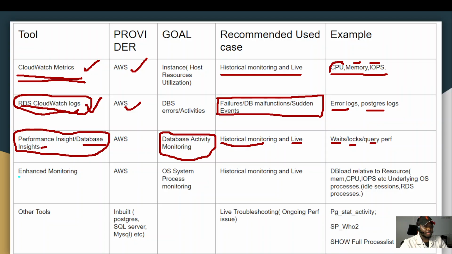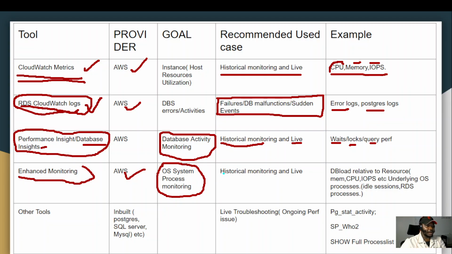Then we have enhanced monitoring, right? Enhanced monitoring is also provided by AWS, and it is used to capture operating system processes, and also RDS processes. What do I mean by that?